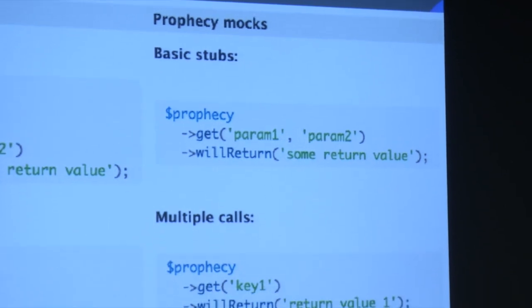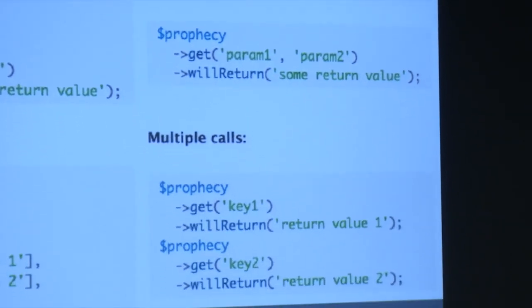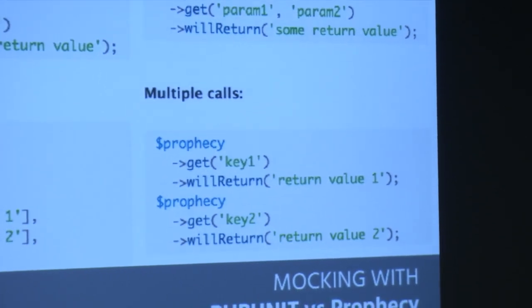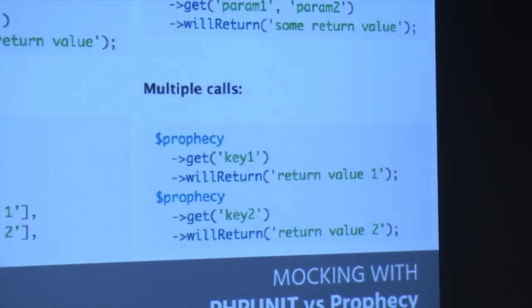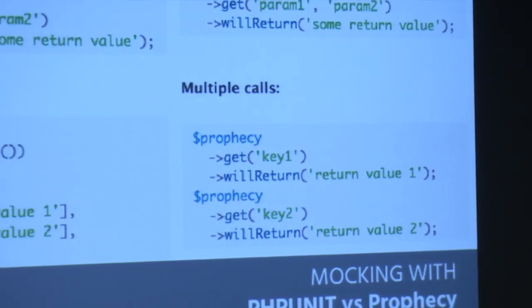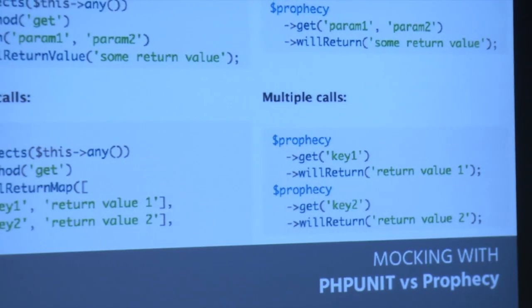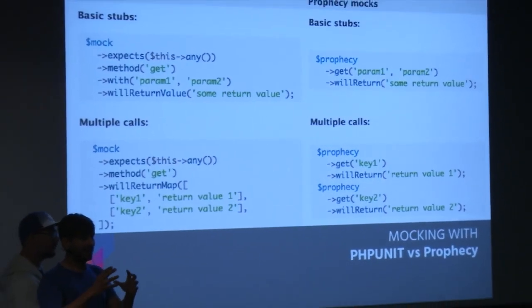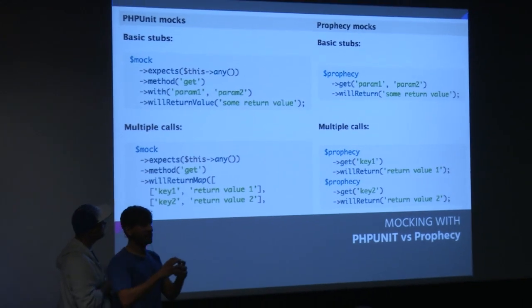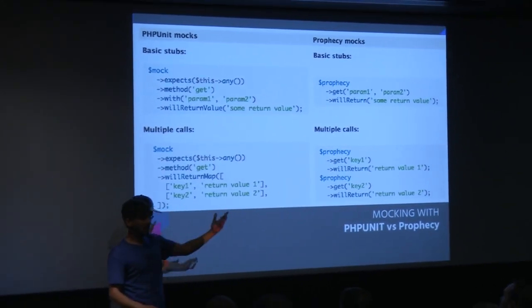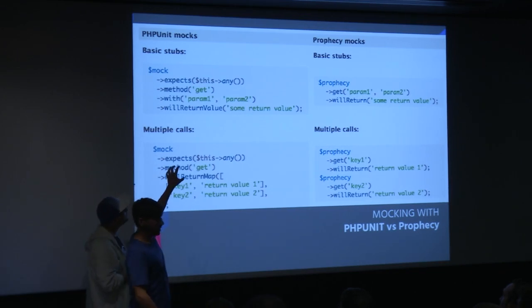You have the same: you pass the argument and you say the return value it will have. So one thing that is really cool with this is that when you execute these chunks of code, what you get back is an object that can be used in place of the real object. So when I was talking about replacing, this is how you create the replacement, and then you use this other thing.